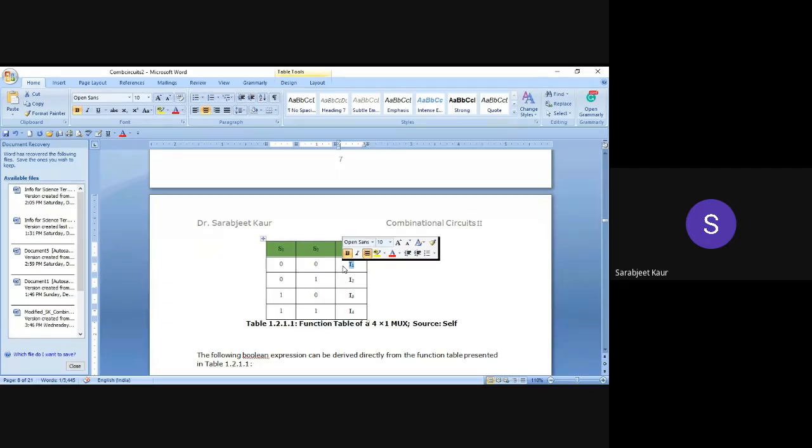So this is not a simple 0 1 kind of truth table. This table expresses the output of this electronic circuit in terms of its input only, vis-a-vis each particular combination of the selection lines.